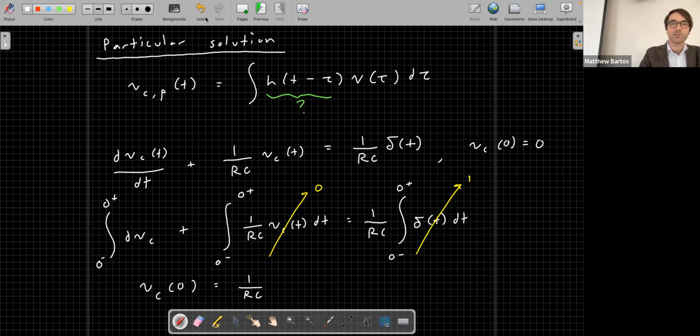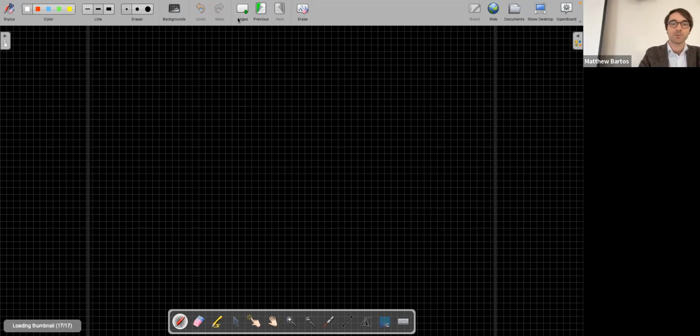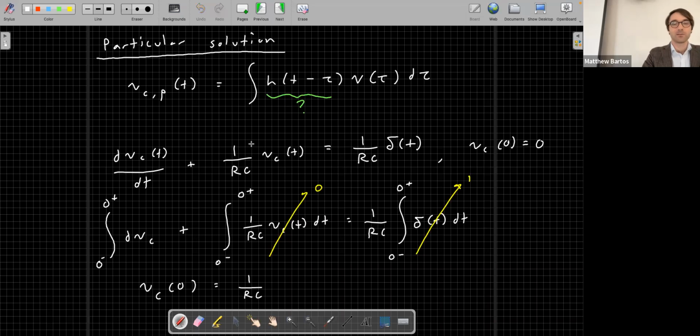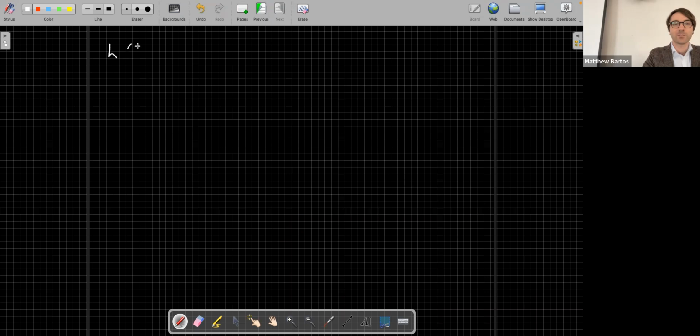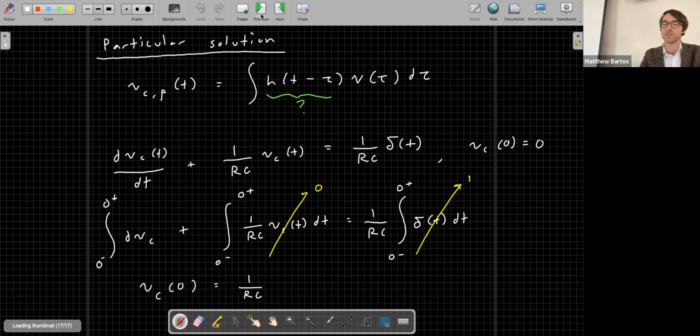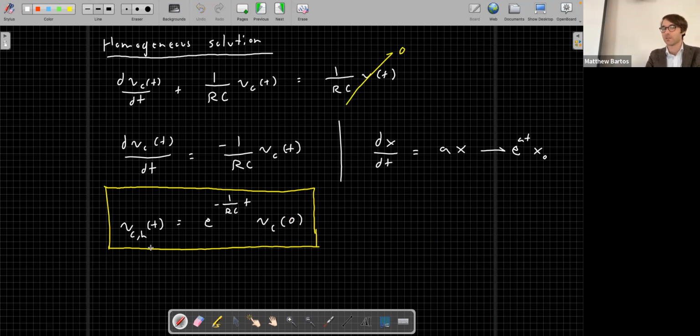Okay, so with that, let's just write out our impulse response. The impulse response is equivalent to the homogeneous response for an initial condition of Vc equal to 1 over RC. So what is the equation for our impulse response? Let's go back to the homogeneous solution.